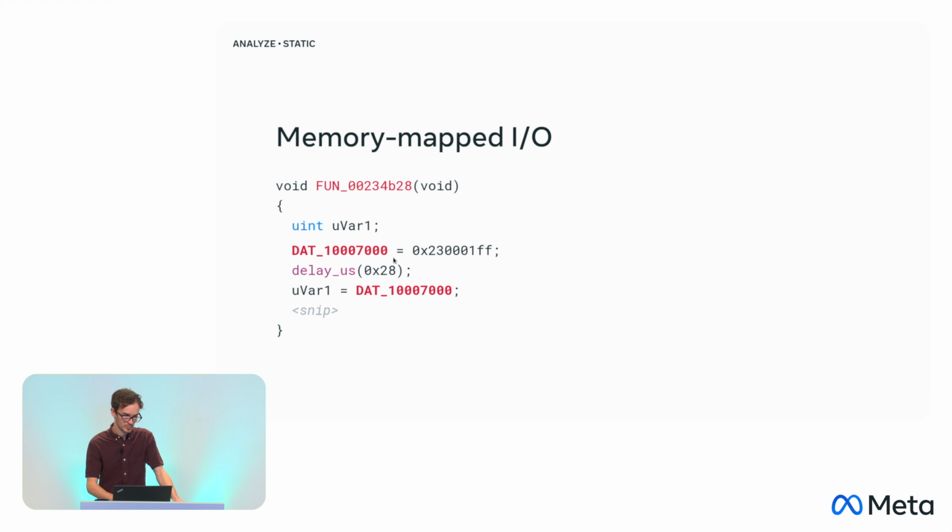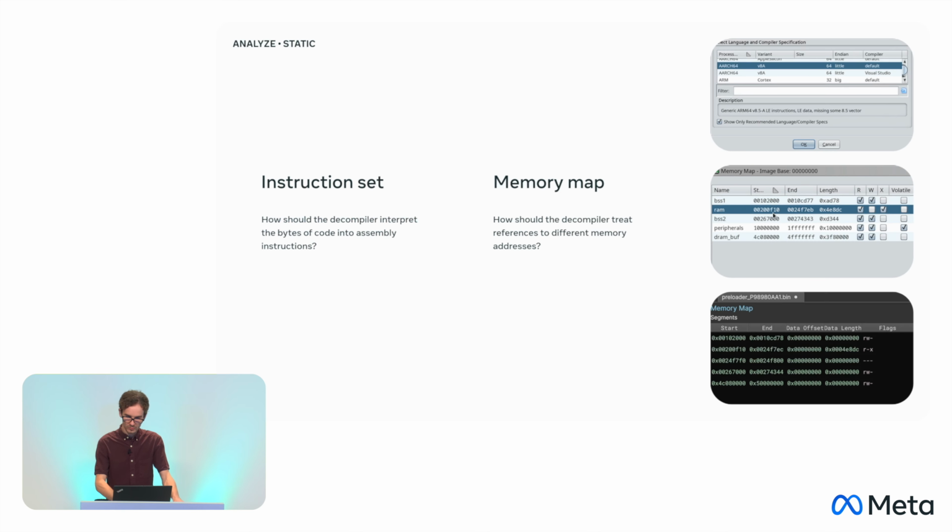So if I didn't have this marked as volatile, Ghidra might just completely ignore this delay, or at least it wouldn't order these in this way. It might just say delay, and then uvar1 equals this fixed value, just like you would expect to be a valid optimization if this were RAM. So marking the peripherals as volatile is very important for that reason.